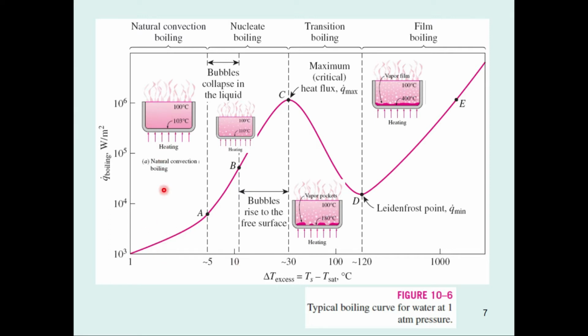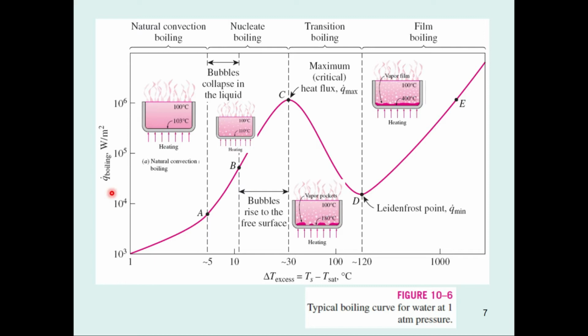This is the whole curve, which is the relationship between the delta T excess on the x-axis and the boiling heat flux. The boiling heat flux is the rate of heat transfer per unit surface area of the heating element, right?